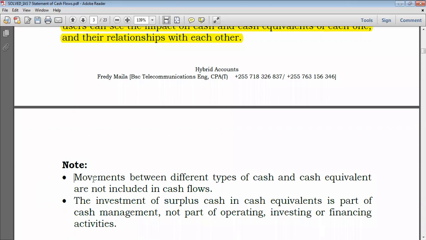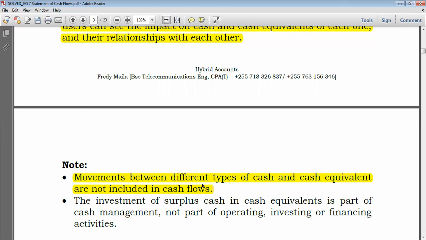Note here, movements between different types of cash and cash equivalents are not included in cash flows. Actually, this is a very, very important point to note here. We usually aggregate the cash and the cash equivalents. We combine them. Let's say you have cash, you have bank overdraft, we have investments which are to be realized in not more than 3 months. We just combine them.